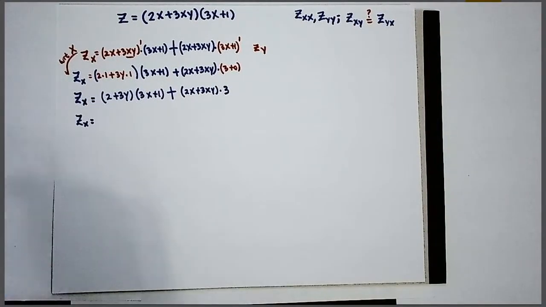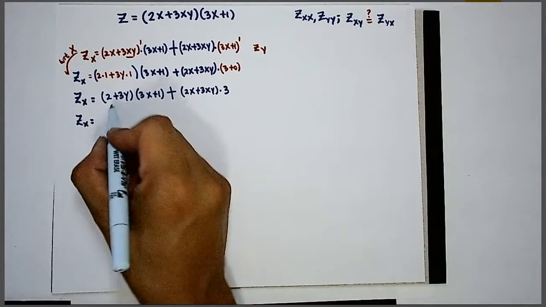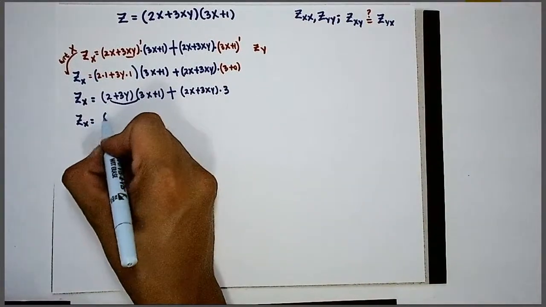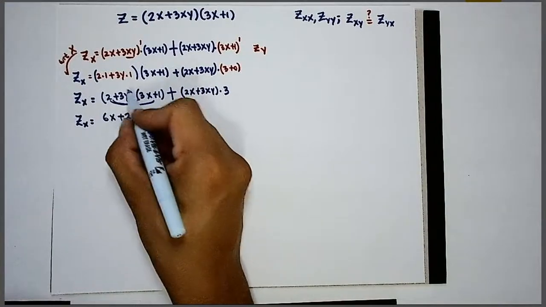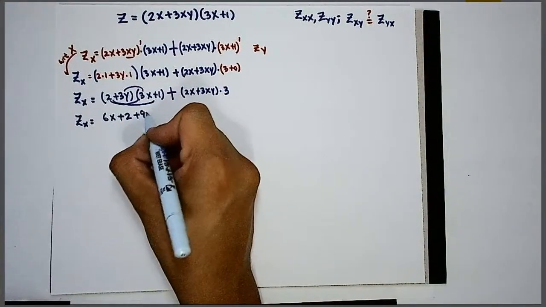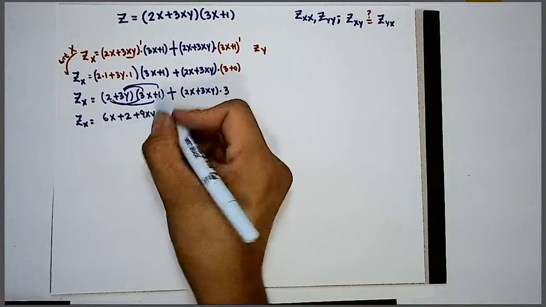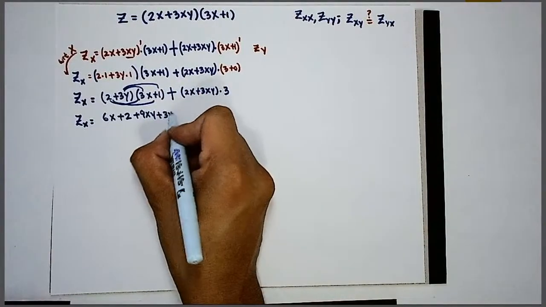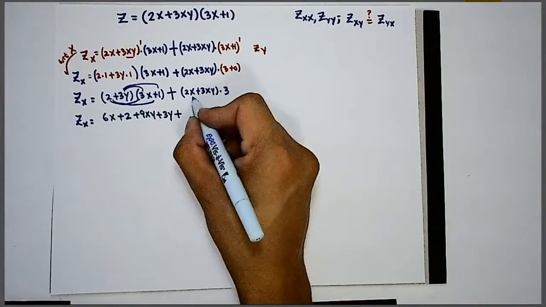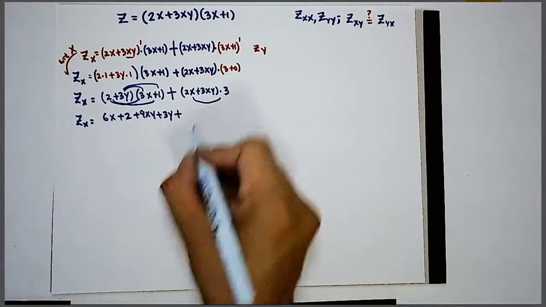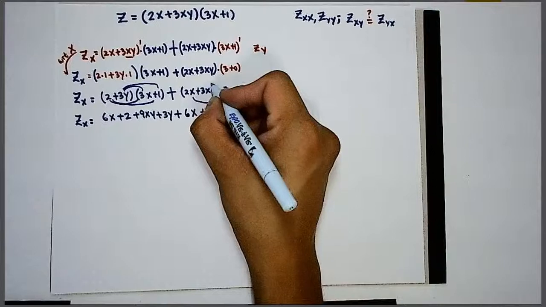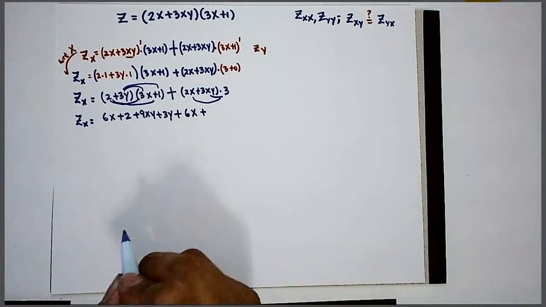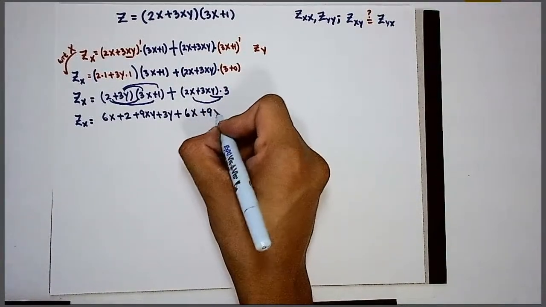Then we proceed with the algebraic operations. So this is 6x plus 2 plus 9xy plus 3y, plus 3 times 2x is 6x, plus 3 times 3xy is 9xy.